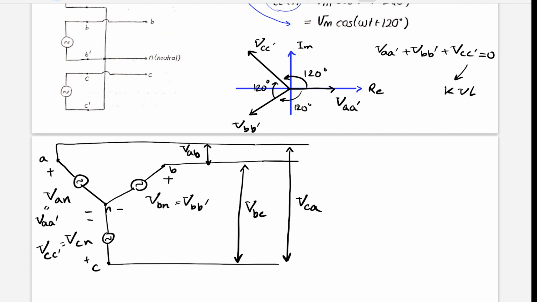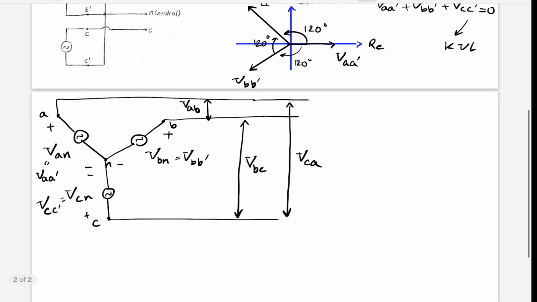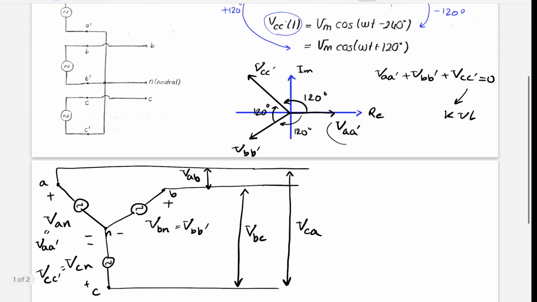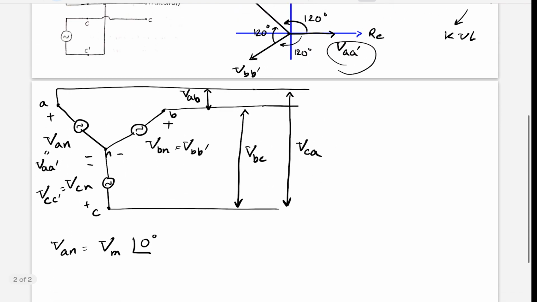Now, what do we know about this three-phase connected generator when the generator is balanced? What is VAN, and how can we find VAB, VBC, and VCA? So, let's say VAN is equal to Vm with 0 phase. So we picked this one, right? We picked it and it doesn't have any phase.